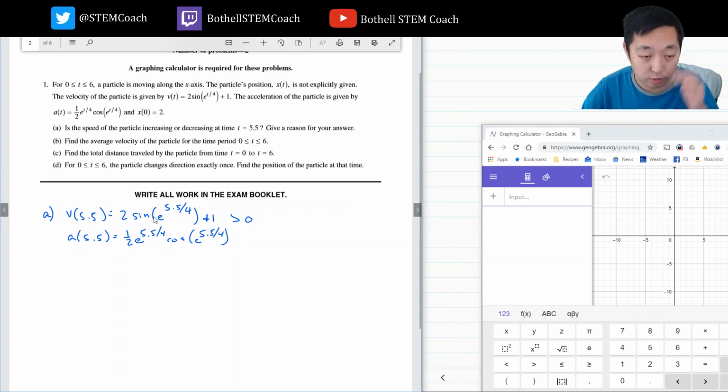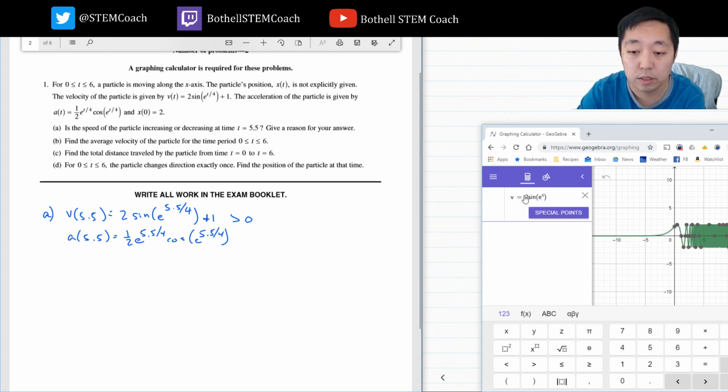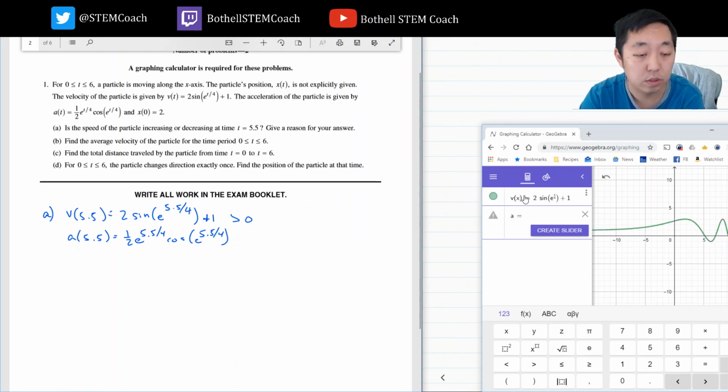Actually, I don't know if this one is positive because I didn't think about the sine part. So let's just plug in. Let v equal 2 sine(e^x/4) plus 1. Nope, the x has to be inside. A equals 0.5 e^(x/4) cosine(e^(x/4)).